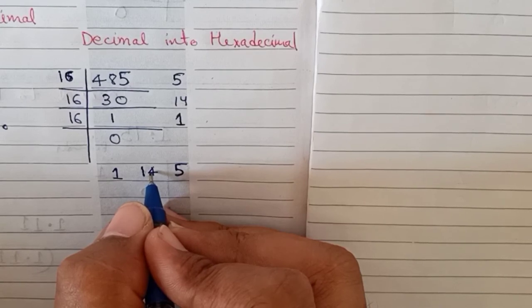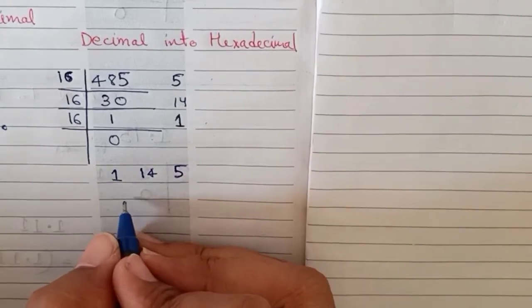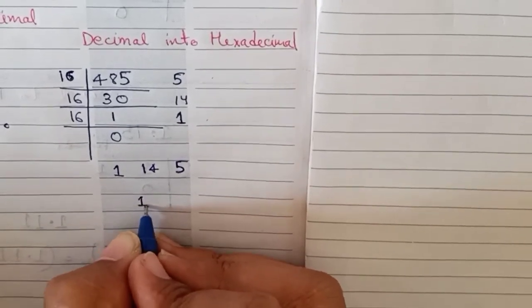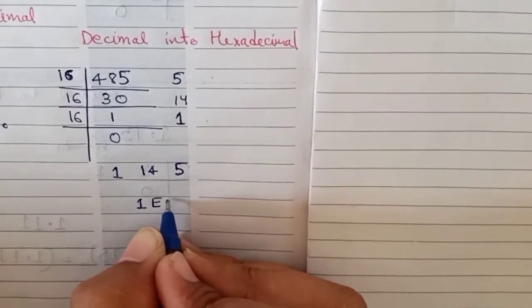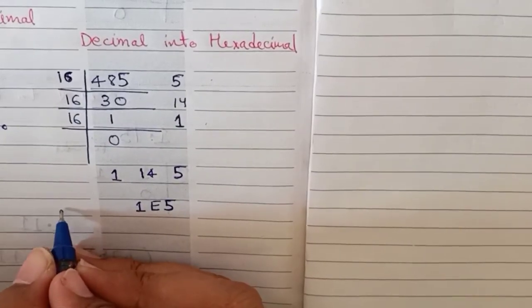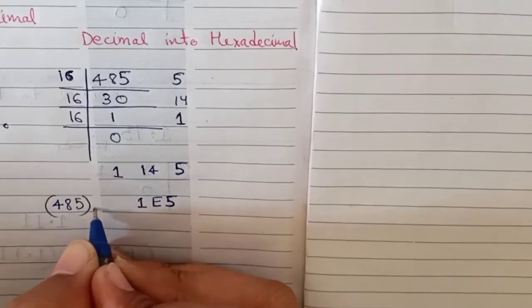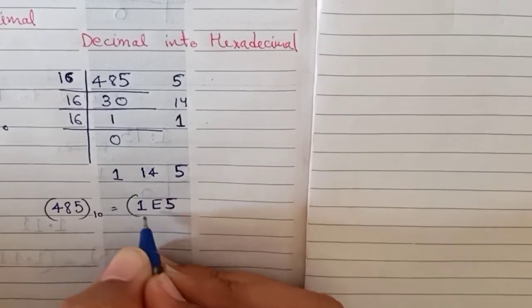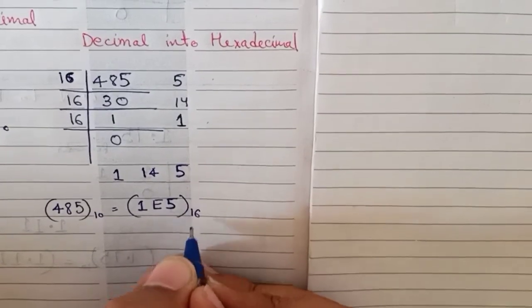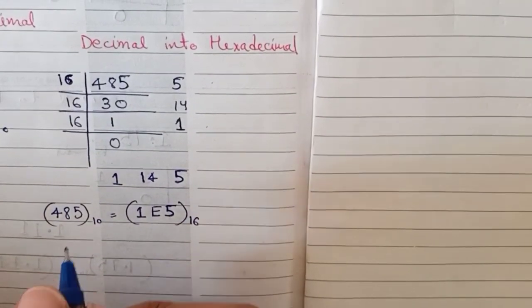That is E. So we will write 1E5. So can we write 485 decimal equal to 1E5 hexadecimal? Yes, we can do it. Okay, I hope this conversion is clear.